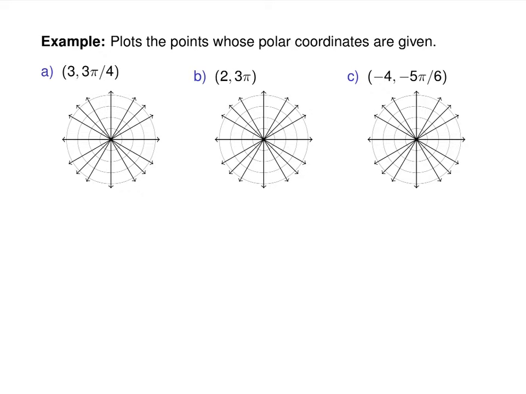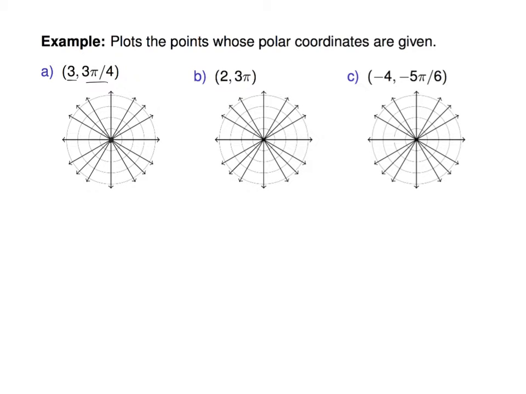Okay, yeah. But notice how these points that I'm highlighting right there, those are all a distance of 1 away from the origin. The next circle out are all the points that are a distance of 2 away, right? And the next ones are a distance of 3 away, right? Does that make sense? So if you're going to plot the point 3, 3 pi quarters, you're a distance of 3 away from this origin.